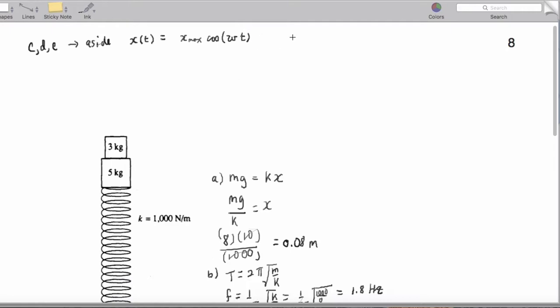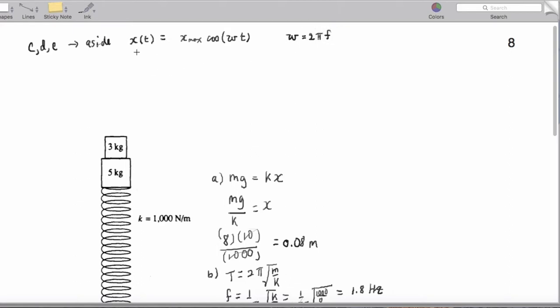Now, we're going to review this a little bit later when we cover LC circuits, believe it or not, meaning inductive capacitive circuits. They also obey the same physics that helps us study masses on springs. And I'm not going to prove this right now. We did it last year, but it turns out that omega is 2 times pi times the frequency.